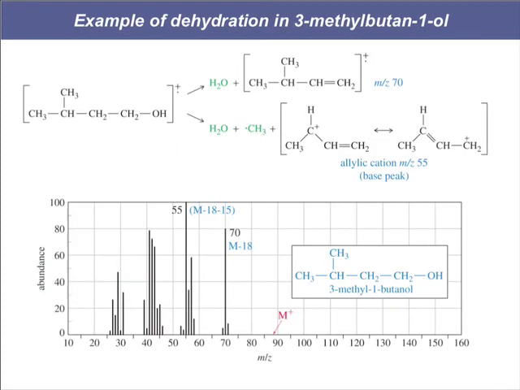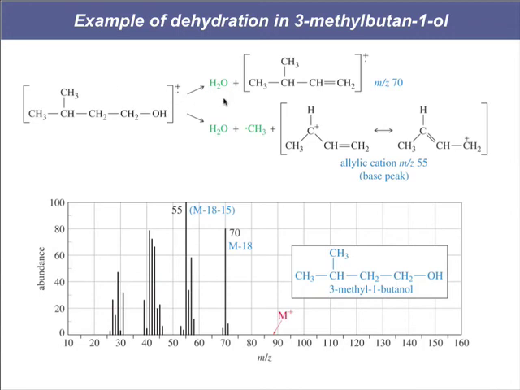Here's an example of a dehydration pattern starting from 3-methylbutanol. That's this guy right here. So this is a butane with an alcohol. So it's a butane 1-ol, and then it's got a methyl on the 3. So 3-methyl butane 1-ol. This, let's assume, is our parent ion. It's lost an electron, but is not yet fragmented.